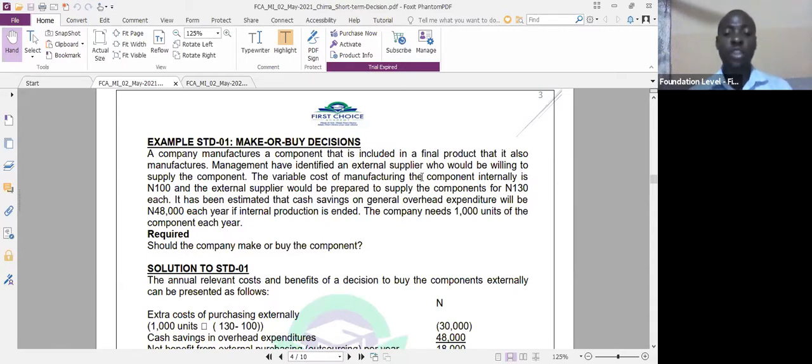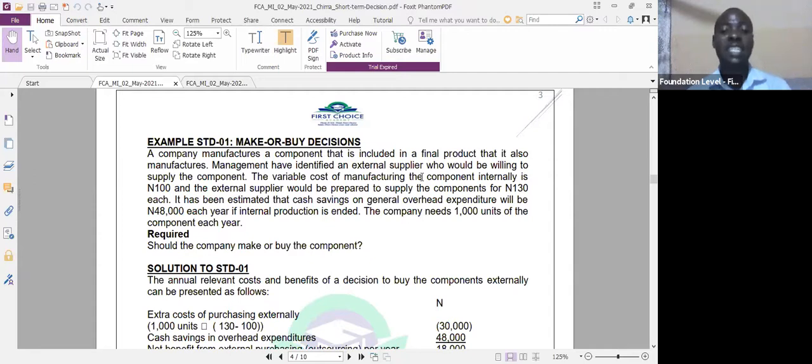Now let's say this component happens to be the crown cork. Okay, so let's read it again. Nigerian Breweries manufactures a crown cork that is included in the final product Heineken, which is also produced.